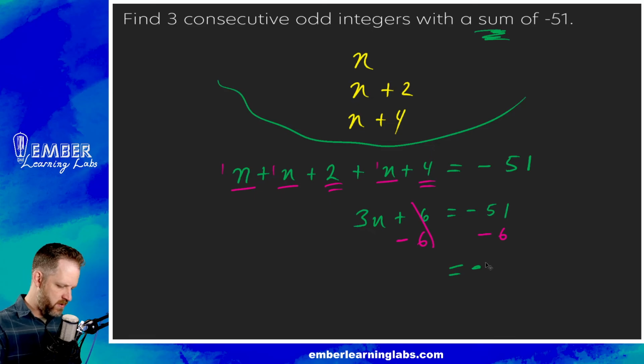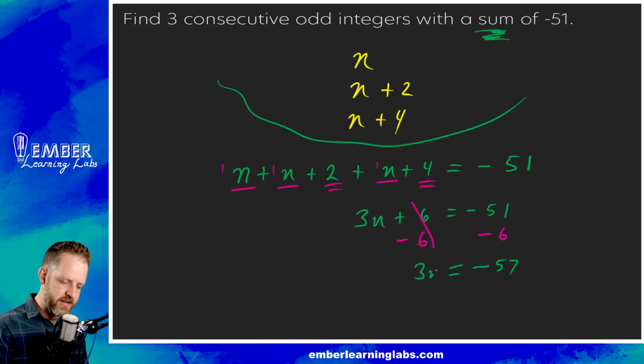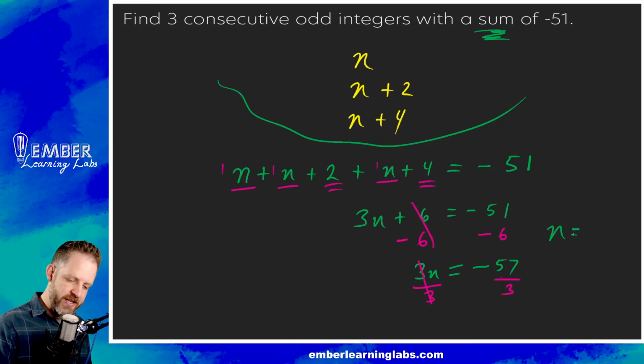Negative 57. We're going to bring down the 3 because we hadn't touched it. And then what do we got to do next? We got to divide off that 3 because it's multiplying. Divide by 3, divide by 3. So n equals negative, and if you do 57 divided by 3, it is negative 19.